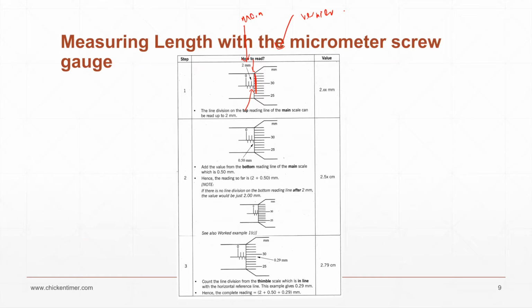So on top is 1, 2. So on top is 1 division. Then anything below is 0.5 division. So that means here at this point is actually 2.5. 2.5 something.